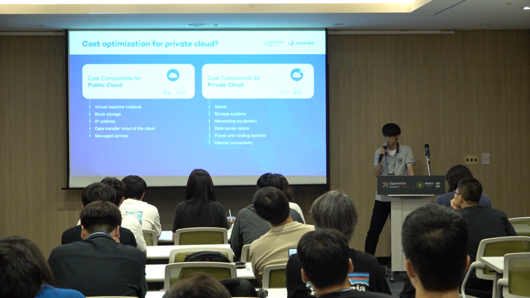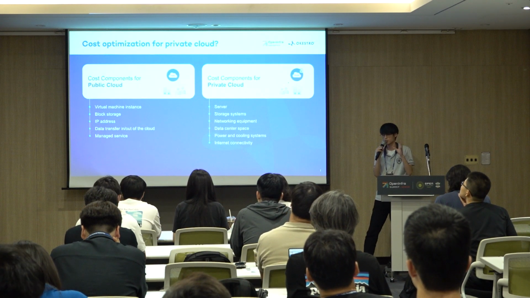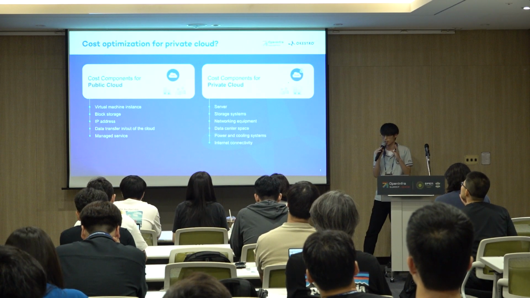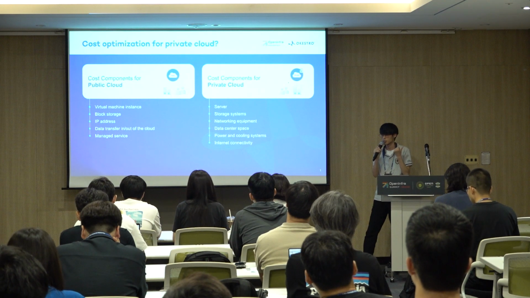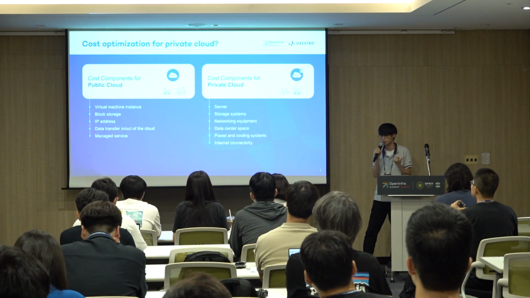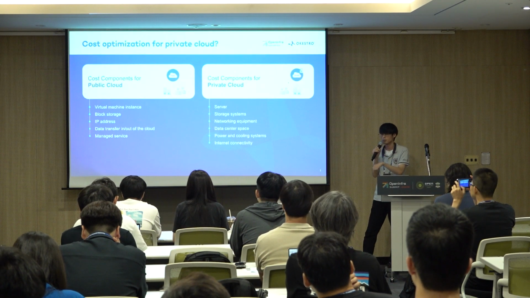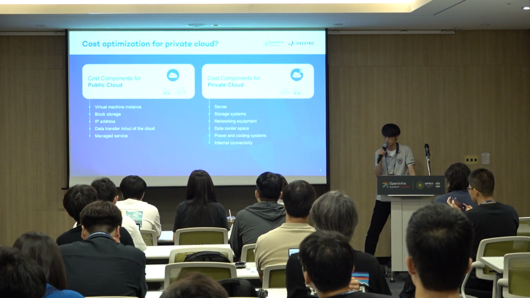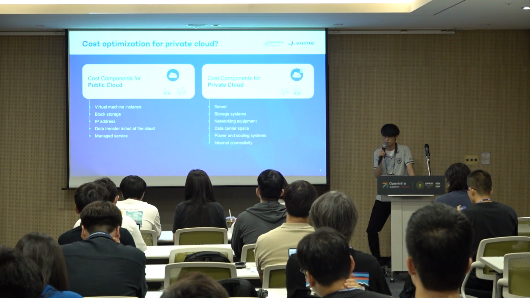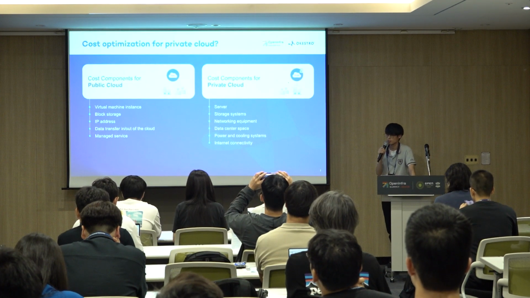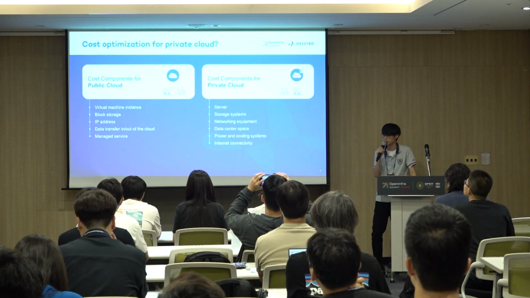In public cloud, cost optimization can be achieved through visible methods like reducing the number of virtual machines, resizing virtual machines, or removing unnecessary public IPs. But private cloud does not offer this kind of flexibility.